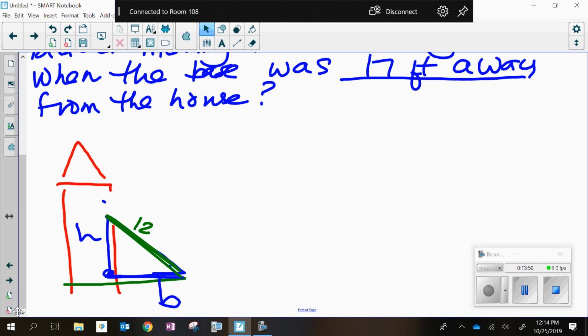This is your house. This is your ladder. Okay, currently we have this that goes all the way down here. Now we start sliding. This is still 12. This is different now.